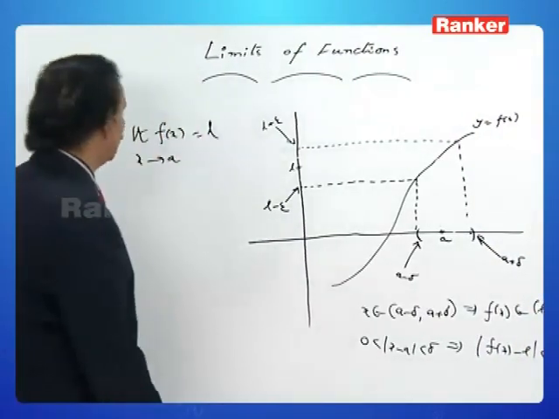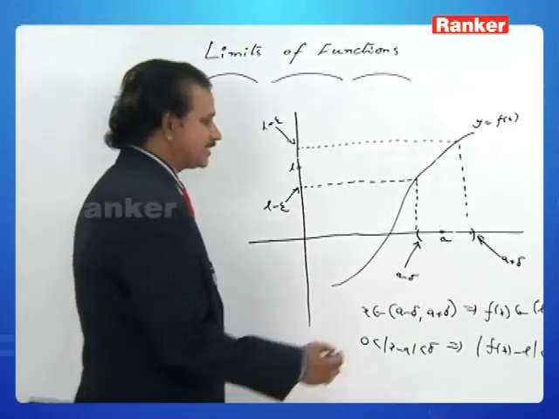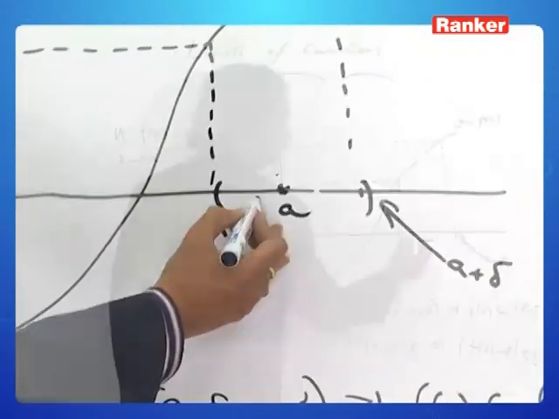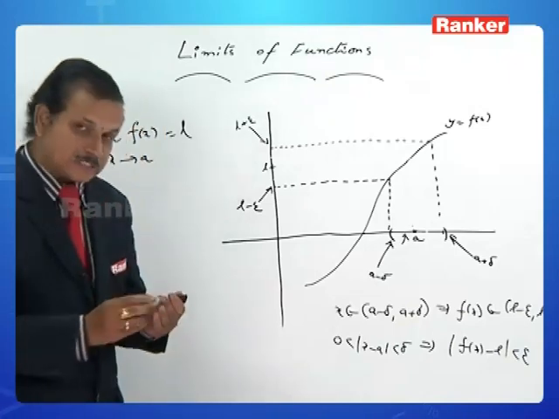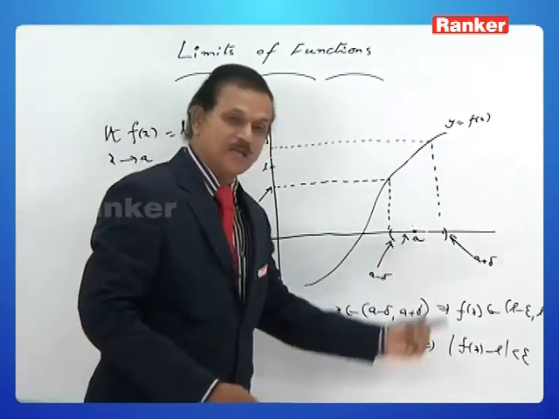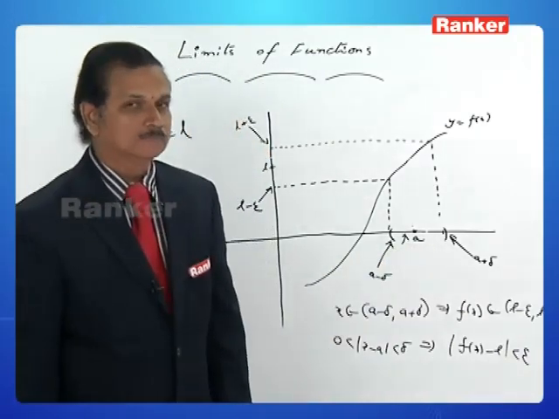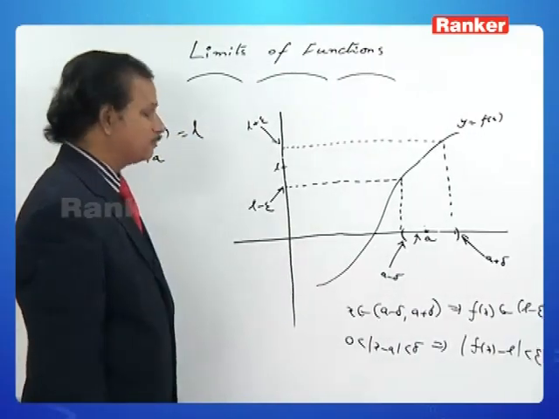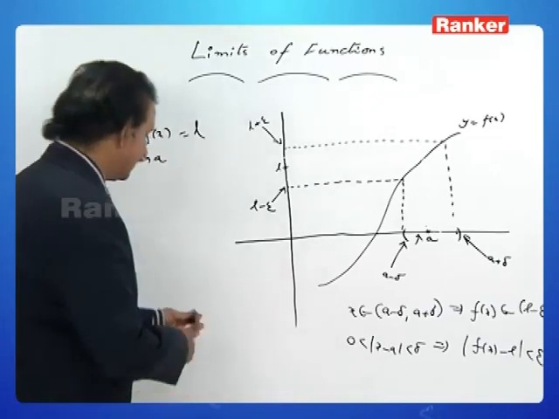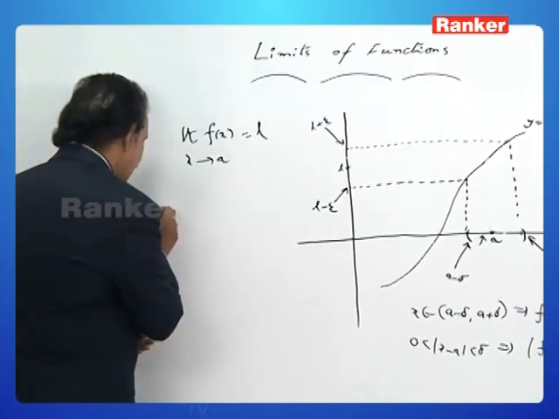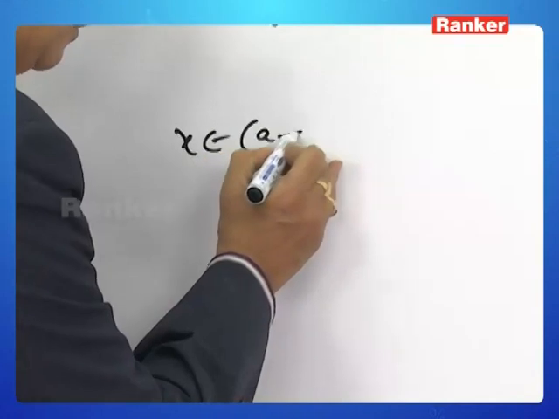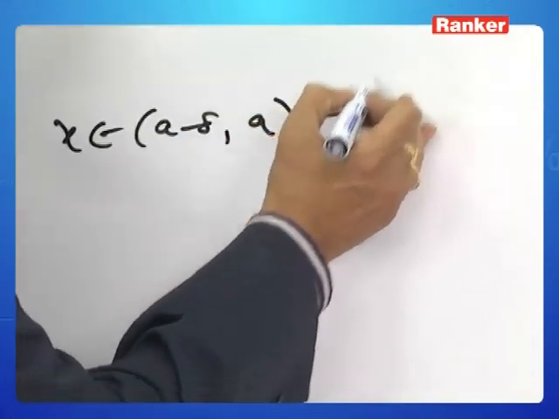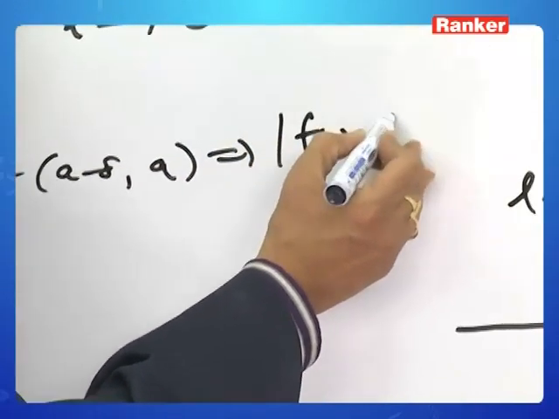Right. Suppose x is restricted to lie here only, that is in (a − δ, a) only. Even then, if you are able to observe that |f(x) − L| < ε, that is, x belongs to (a − δ, a) implies |f(x) − L| < ε.